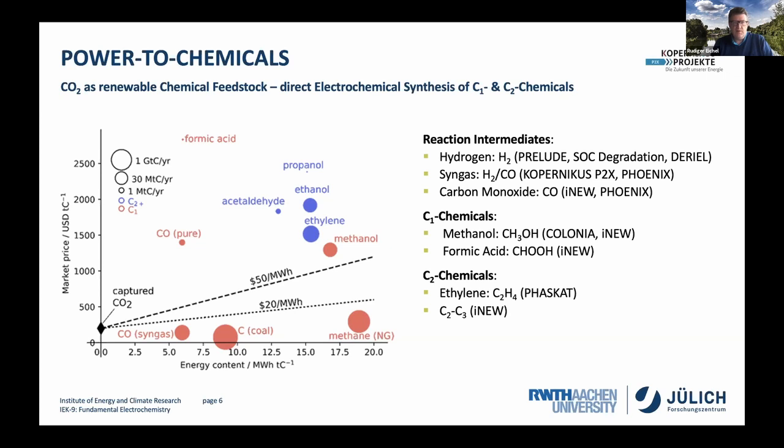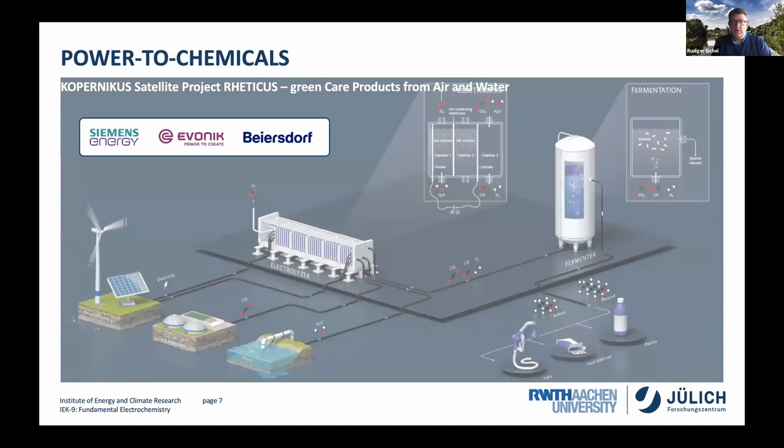And this is shown here, which means if you think about an electrocatalytic production of base chemicals like formic acid, propanol, ethanol, and so on and so forth, then you can do it at a positive business case. And so this is what we actually do.